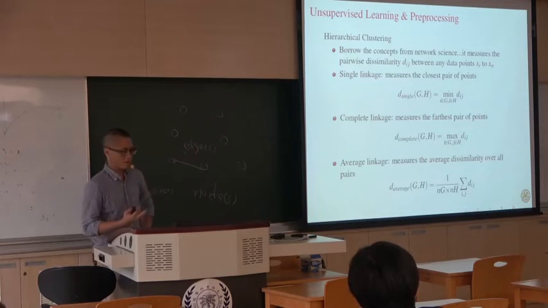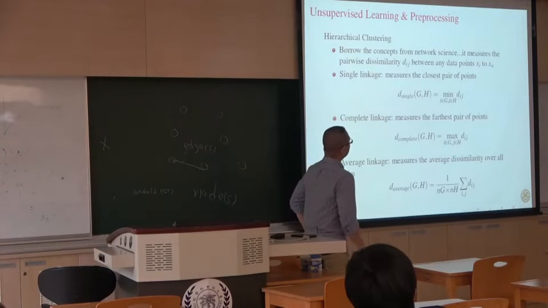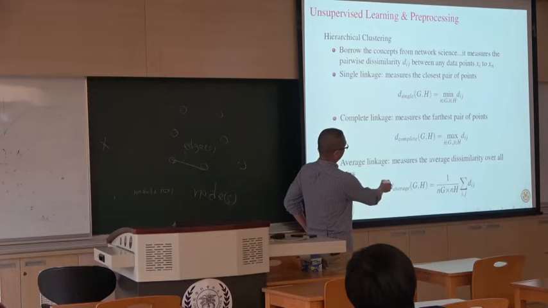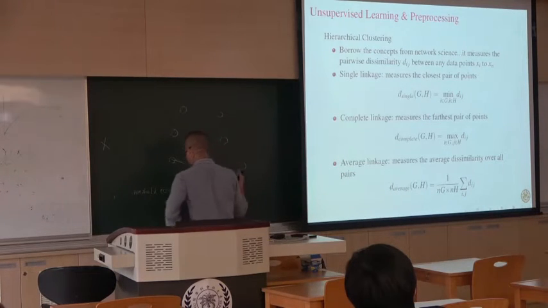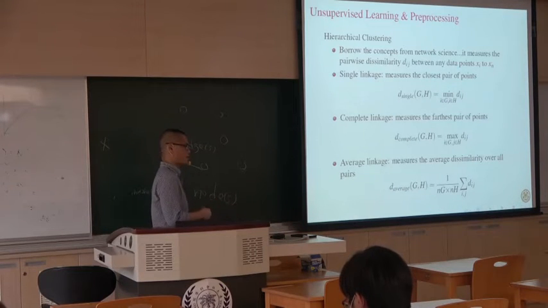So you measure the pairwise distance between any data points. The same happens on the social side, because, for example, sociologists have to talk about similarity, since people who are more similar tend to group together.